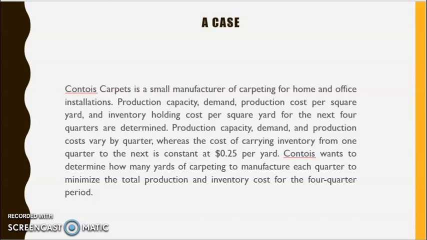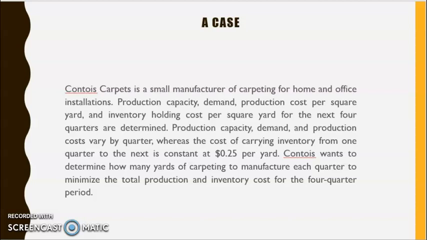The case we have here, Contois Carpets is a small manufacturer of carpeting for home and office installations. Production capacity, the one that we talked about in the previous page. Production capacity, demand, production cost per square yard, and inventory holding cost per square yard for the next 4 quarters are determined.